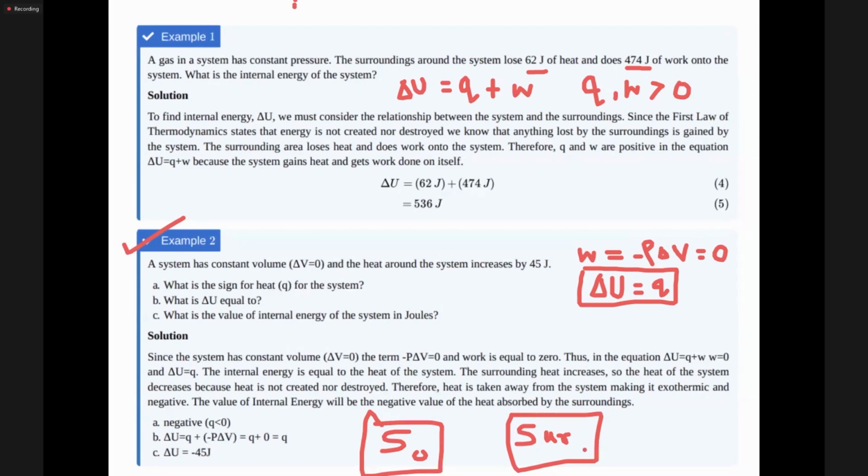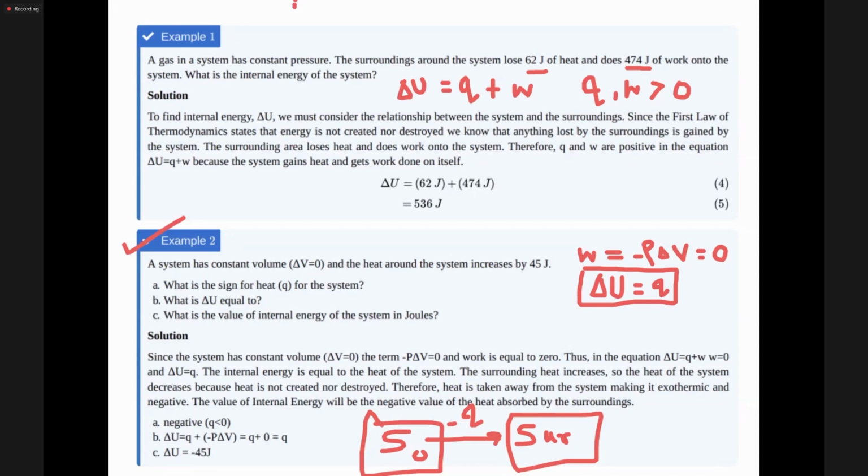Where did this 45 joules or Q amount of heat come from? The answer is it is from the system. So the system is losing Q amount of heat. That means the system is giving away Q amount of heat. That makes the process exothermic.